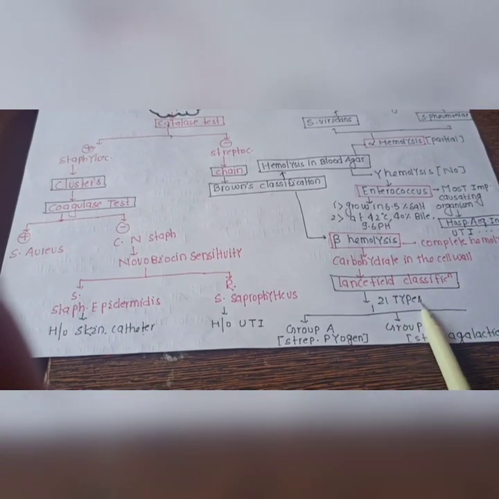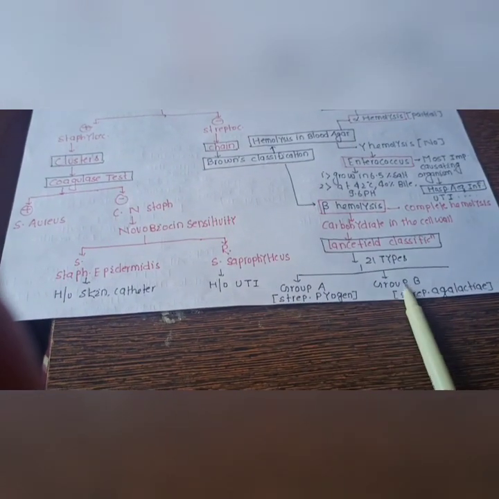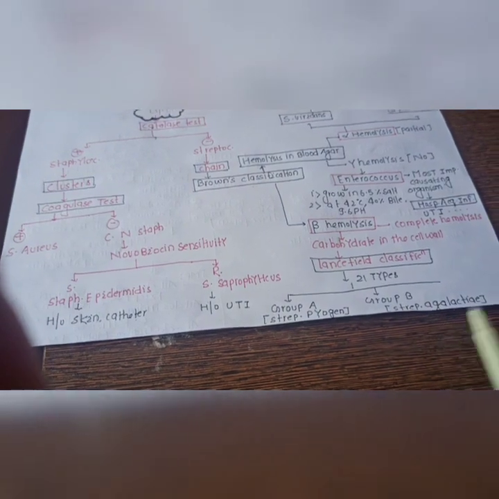Total 21 types, but two groups are very important, group A and group B: group A Streptococcus pyogenes, group B Streptococcus agalactiae.